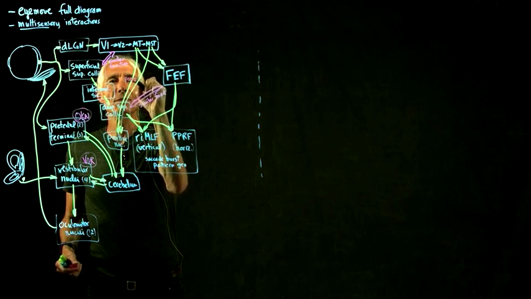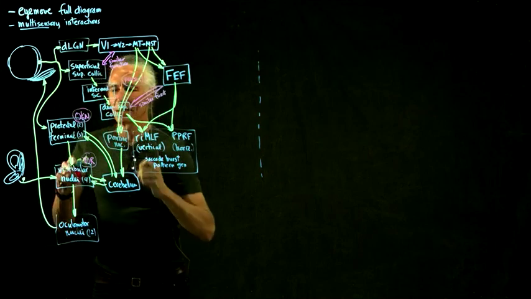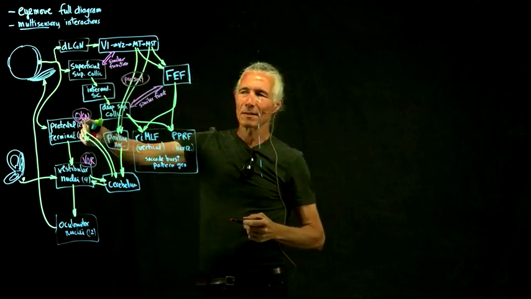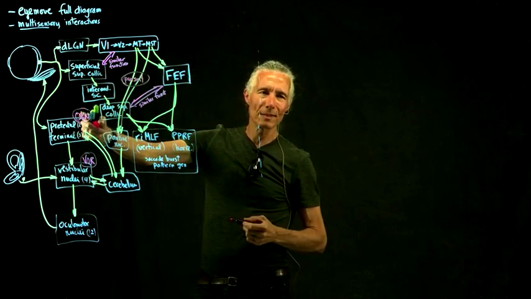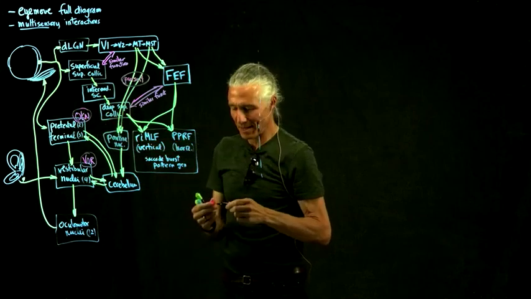This is like the pursuit pathway. When you're following a small object, you've got to cancel this follow-the-whole-world business, and so that's how that gets in there.